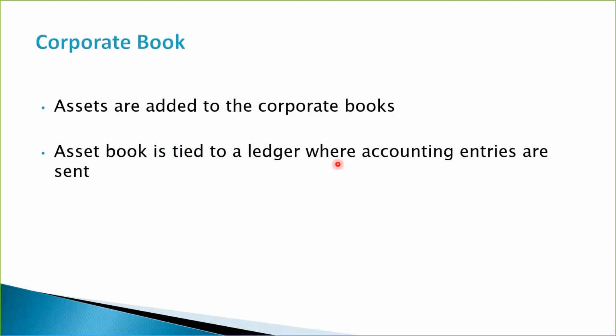There are also other entries, such as we have said, when we do adjustments or some retirements. So you have to tie your corporate book to a ledger, and that is where all the accounting entries are sent.